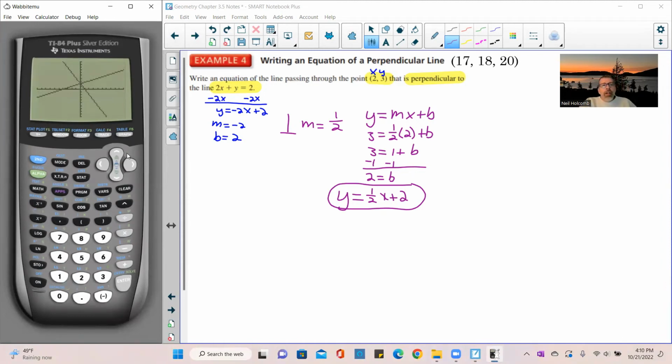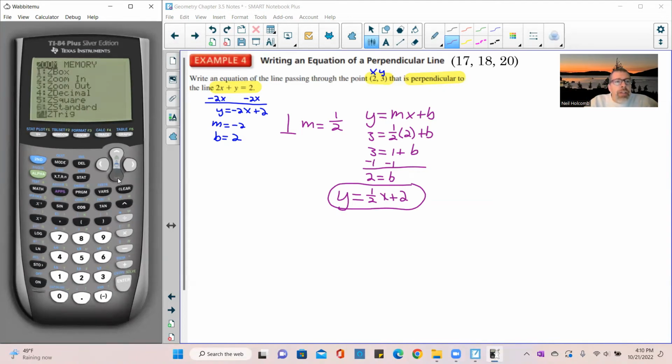Now, one thing I want to point out to you is this doesn't look perpendicular on the screen, and it's because it's a wide screen. It's like watching a flat screen TV. It's bigger this way than it is this way, kind of like this video of me. And if I hit zoom, there's a command called square.